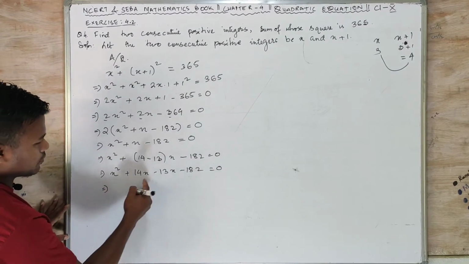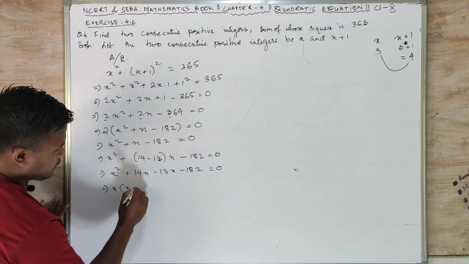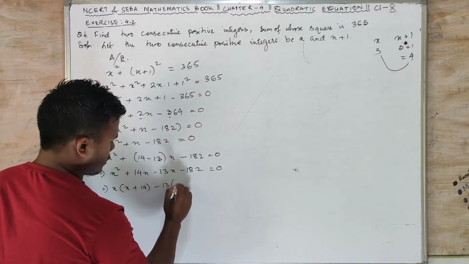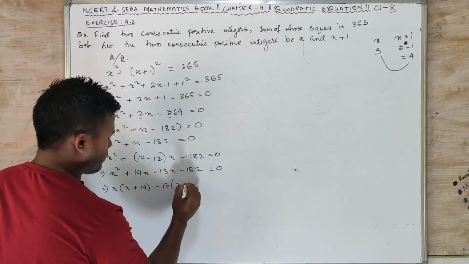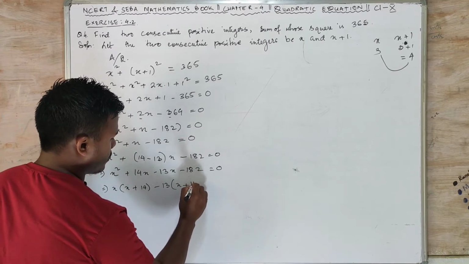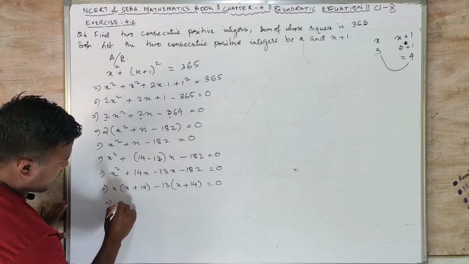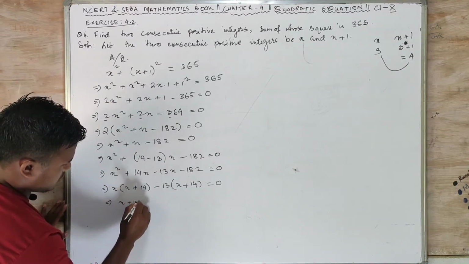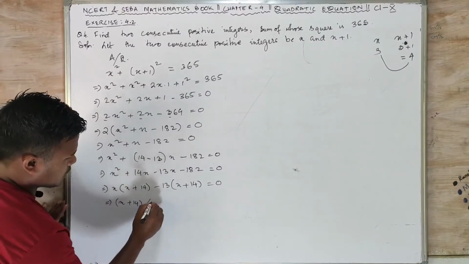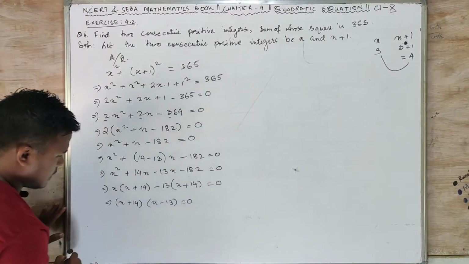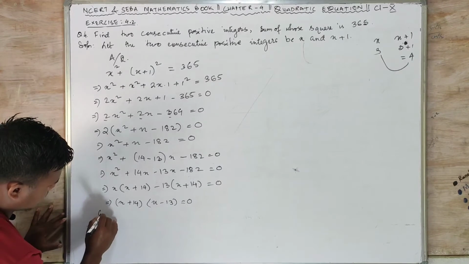Then you can take common from these two terms, x plus 14 minus, if you take 13, x minus minus will be plus, then it will be 14, which is equal to 0. Then x plus 14 and another one x minus 13 is equal to 0. Then you can do either or.